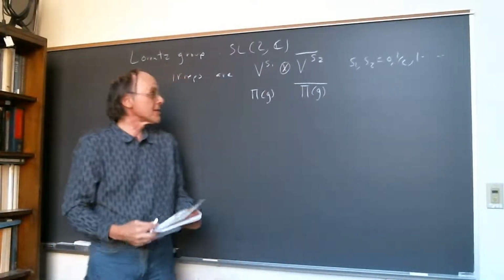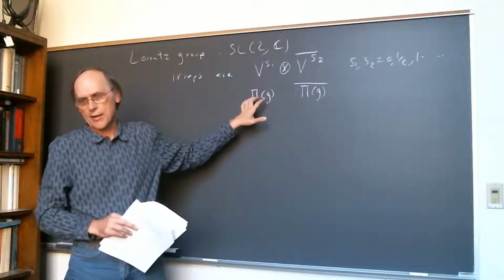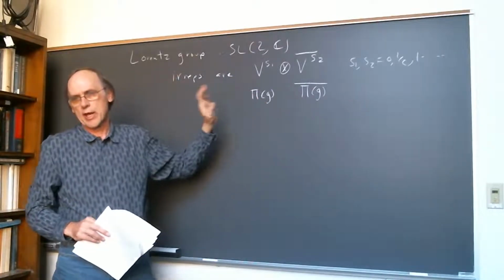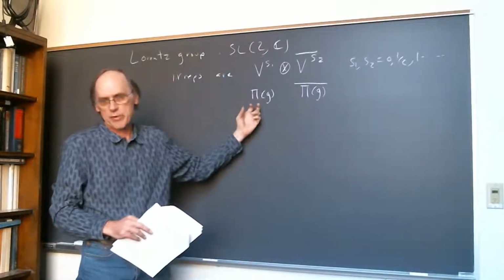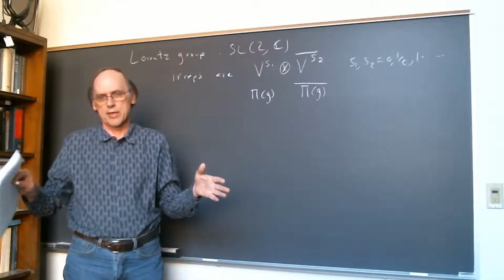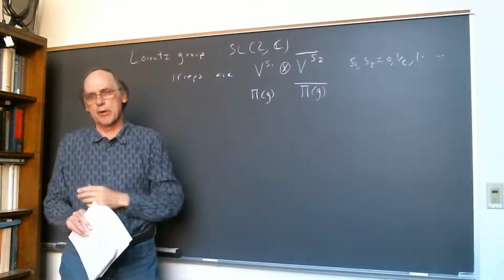Just as in the case of SU2, the really interesting thing to think about was the spin 1/2 representation, because once you knew what that was, by taking tensor products of it with itself, you could get arbitrary spin representations.